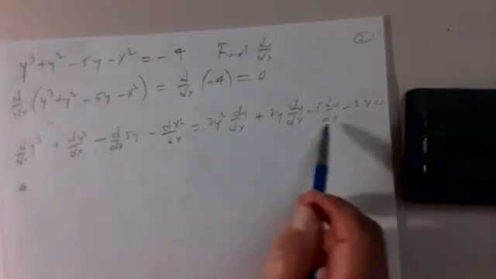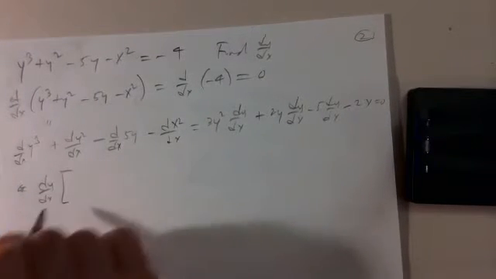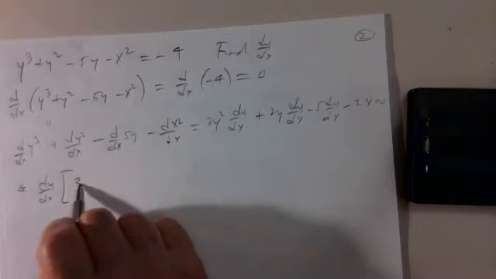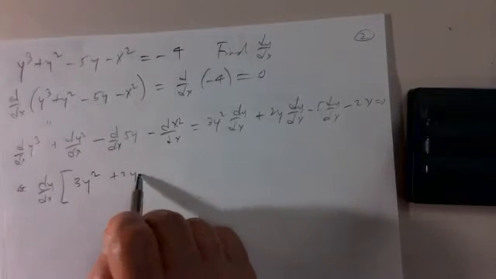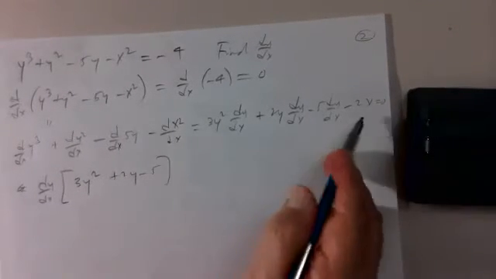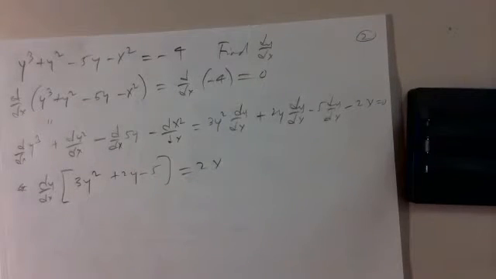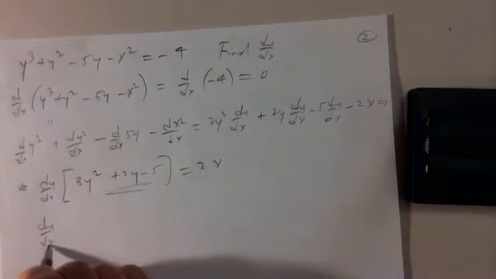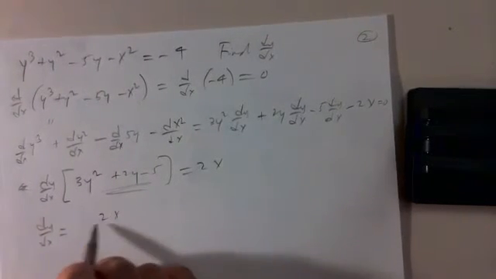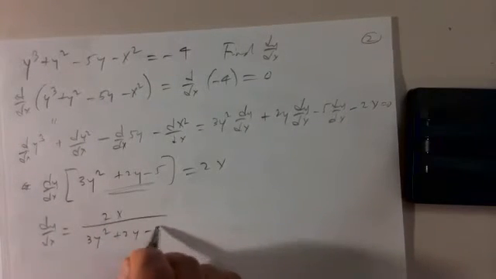Now, you can factor out dy/dx. You get dy/dx times (3y squared plus 2y minus 5) minus 2x equals 0, or equals 2x. So dividing by this, we get dy/dx equals 2x over 3y squared plus 2y minus 5.